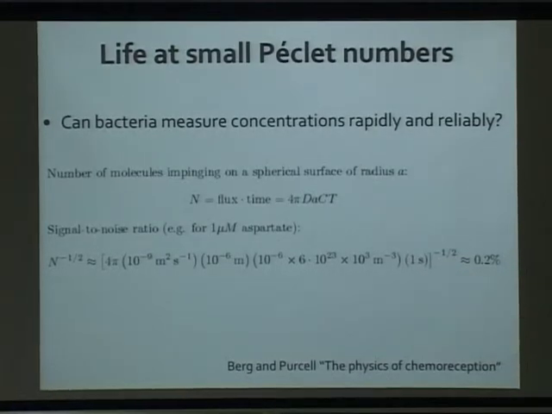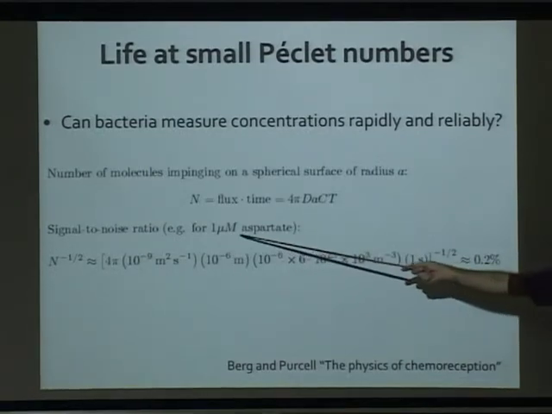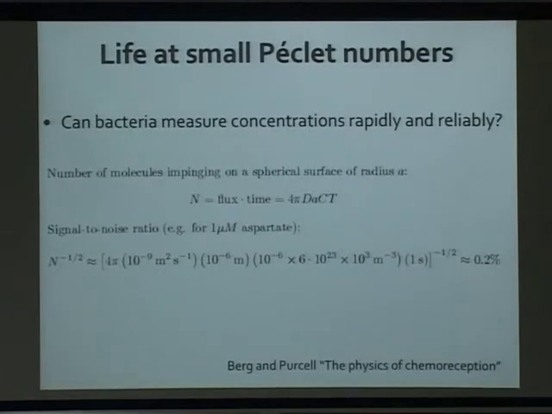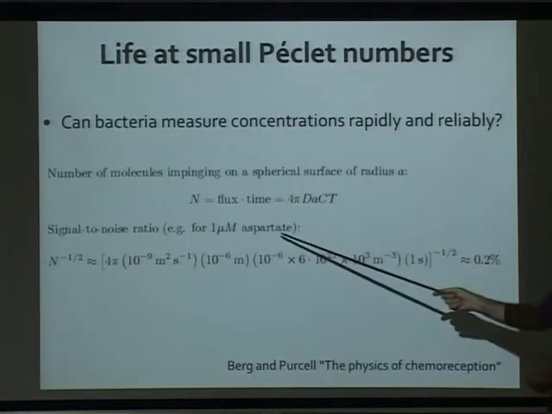So the question you're asking is, during the time that a bacterium makes one single run, is it able to evaluate reasonably the concentration that is around it? Then you just plug in the figures for a typical concentration where the bacterium responds significantly. This is consistent with actual behavior.